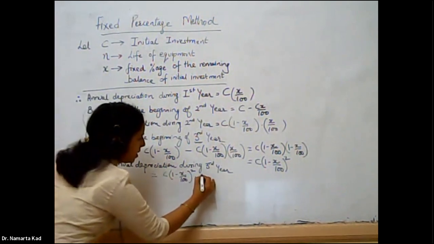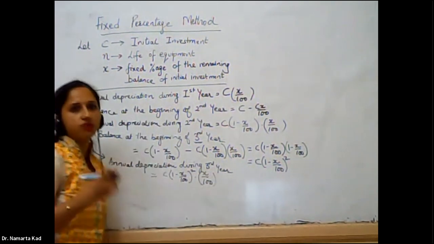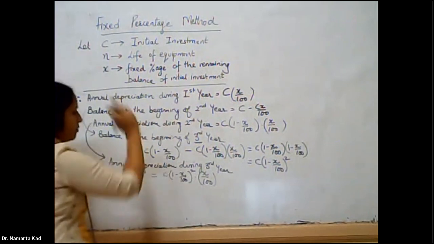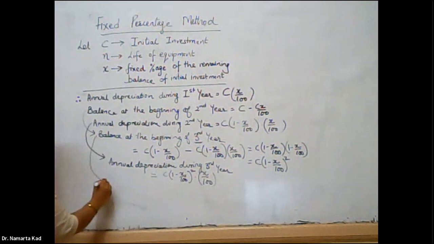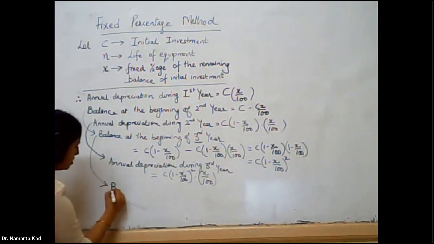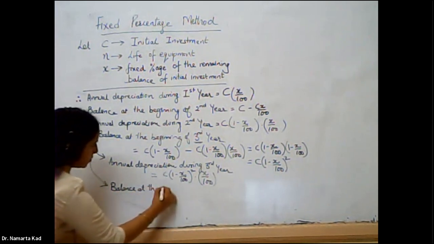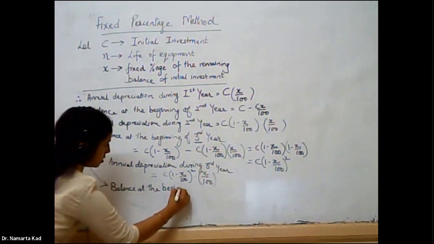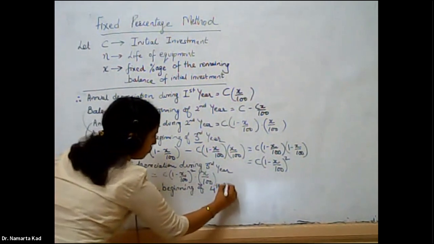So multiply it with X by 100. This is our fixed percentage that we assumed in the starting. So now balance at the beginning of fourth year.